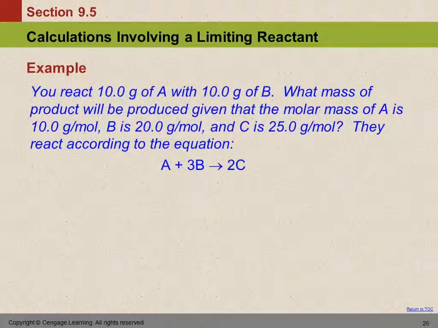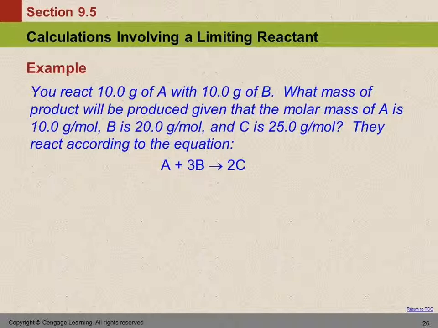Let's do some examples. So here you react 10 grams of A with 10 grams of B. What mass of product will be produced? And they're giving us the molar masses because these are made-up substances. So we're going to use the balanced chemical equation to help us organize this information.